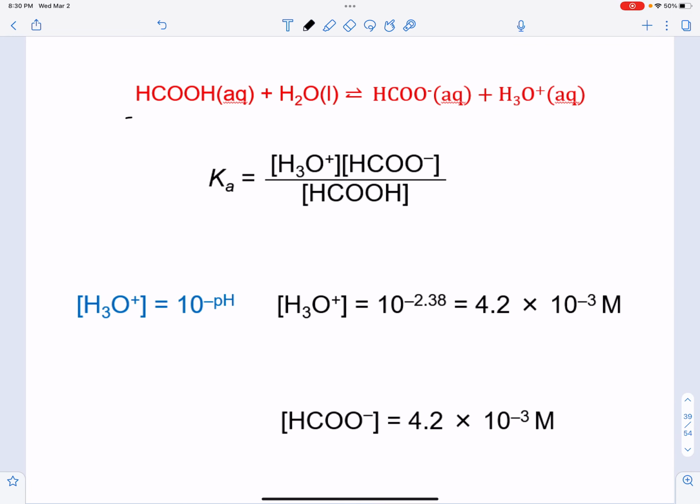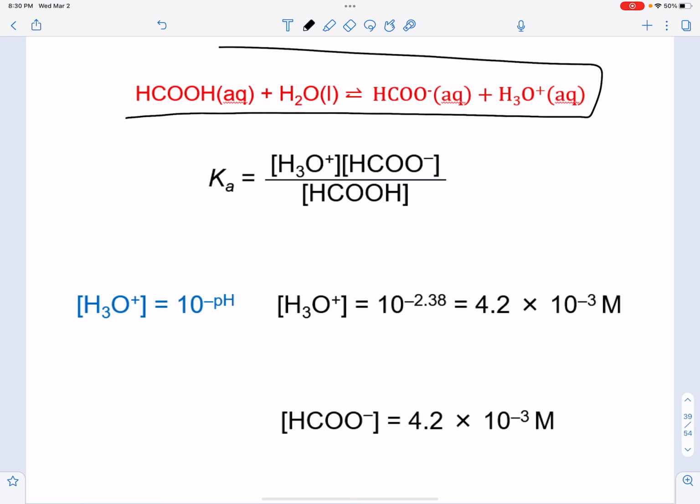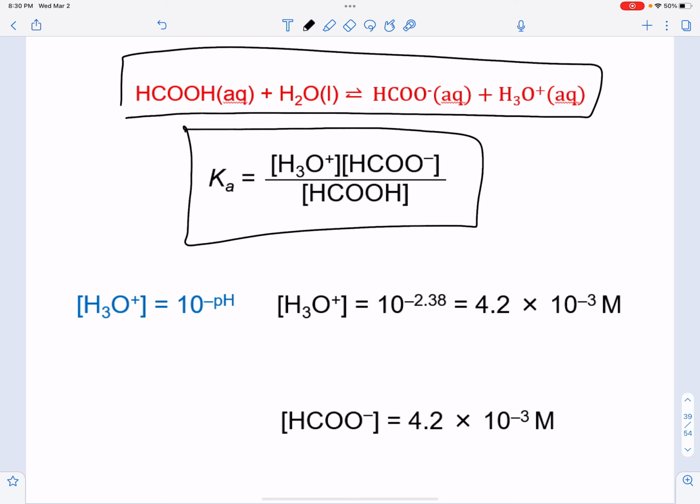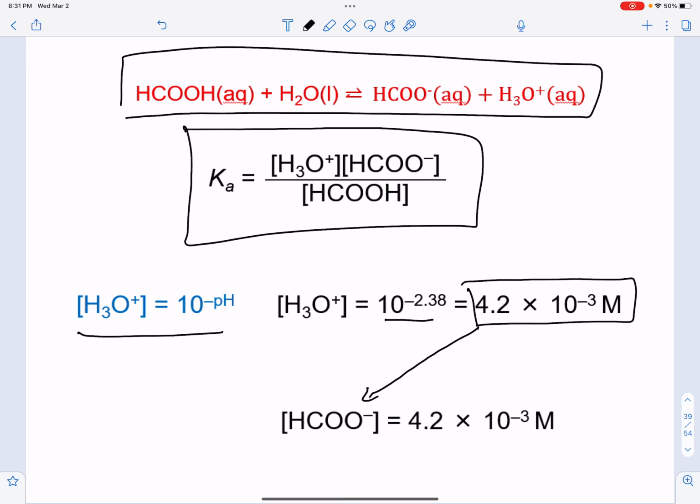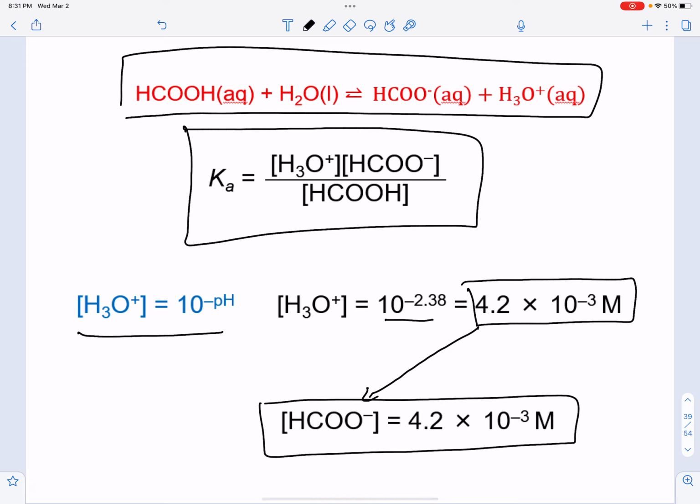So we have our balanced equation, like I just showed you. We have our Ka expression. We are using this formula to find the hydronium concentration, which is going to be 10 to the minus 2.38, which is 4.2 times 10 to the minus 3 molar. And we said that it's 1:1 to this, so it's the same value as the formate, or the conjugate base of the formic acid.